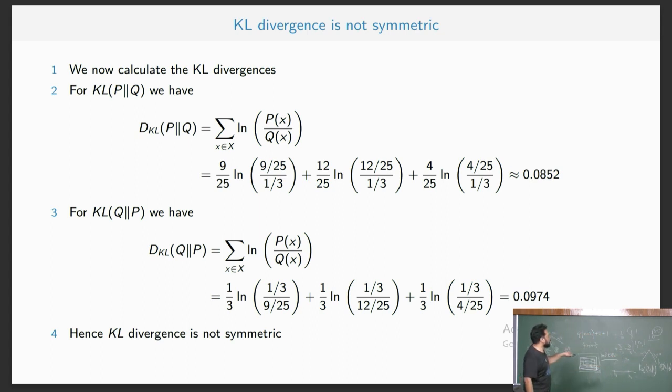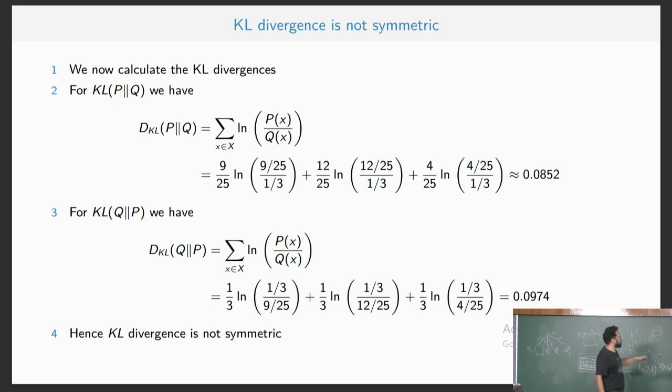Okay. And if we reverse and do the Q P, then with the correction that I mentioned, here we have the Q values, so there will be 1 over 3, 1 over 3, 1 over 3, and Q is in the numerator, so there is an error here, right? So Q in the numerator means 1 over 3, 1 over 3, 1 over 3, and these are the P values, and this comes out to be 0.094. So obviously they differ.